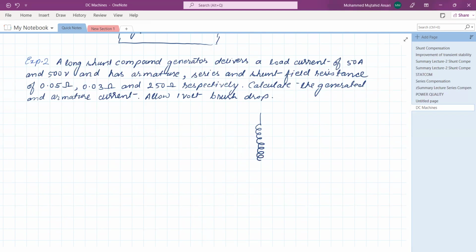So this is the long shunt. Here is the series field winding, which has less number of turns, and hence the resistance of field winding is smaller, similar to the armature winding.